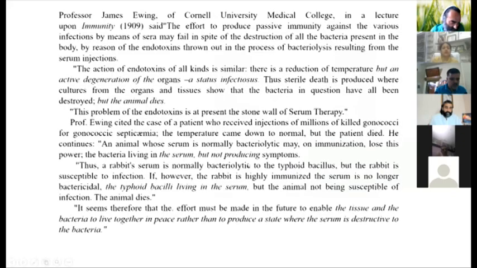Professor James Ewing is a very well-known personality in cancer care, because he was a very famous pathologist in America at Cornell University Medical College.